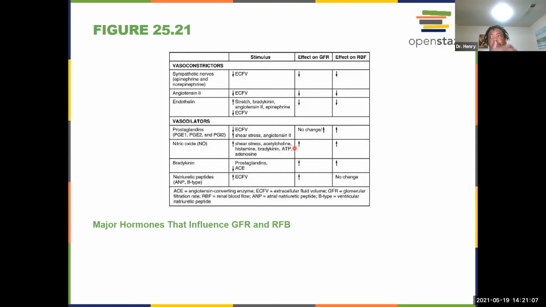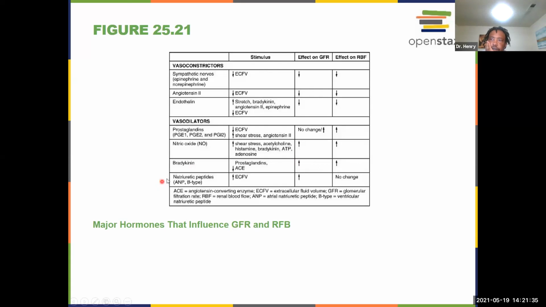All of those are going to end up causing the GFR to increase and the RBF also to increase. Bradykinin, which causes a decrease in prostaglandins and the ACE, will also cause an increase in those flow rates and also that filtration.